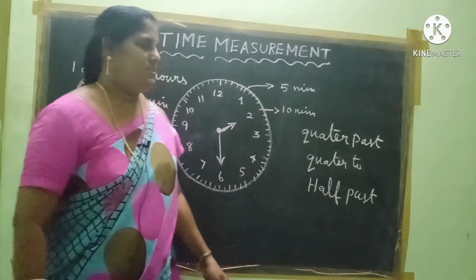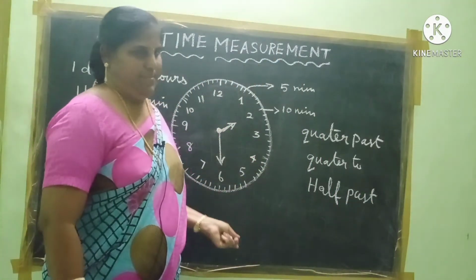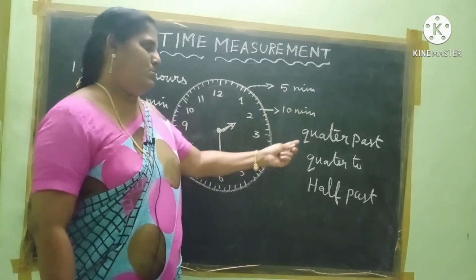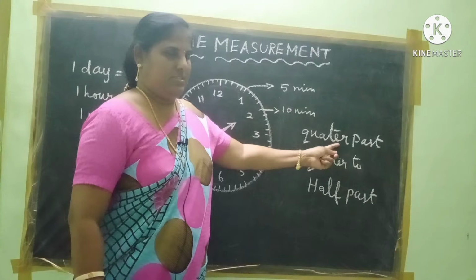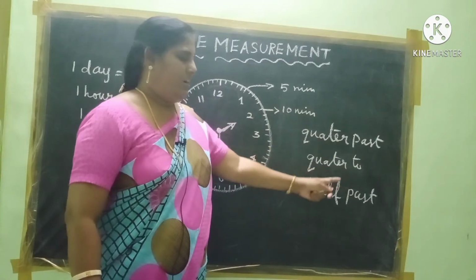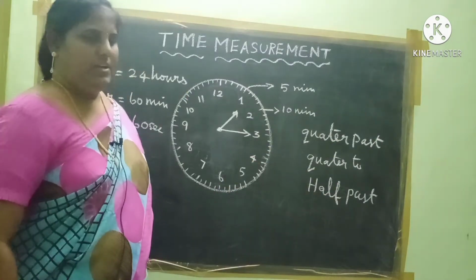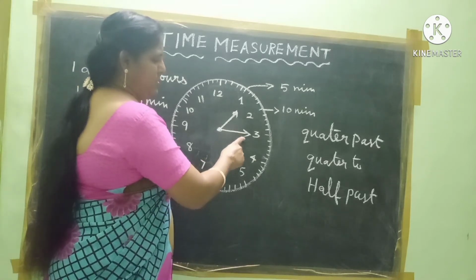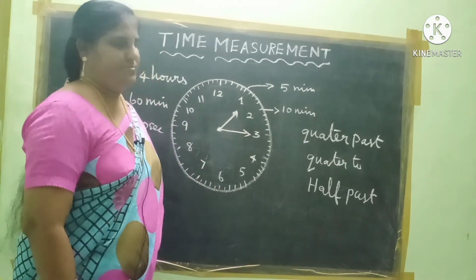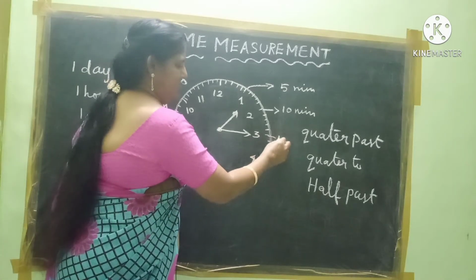Now let us see how to read the time by using these 3 words. For example, first one quarter past, second one quarter to, and third one half past. Okay, let us see this picture. When the minute hand is pointing 3, that means 15 minutes.